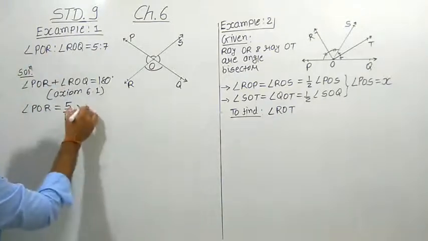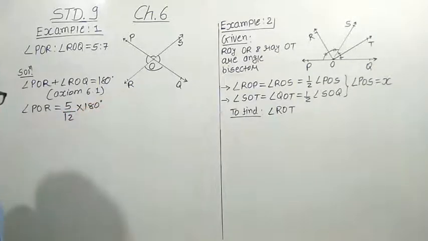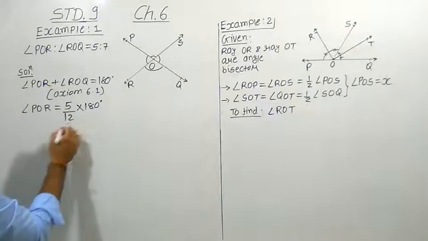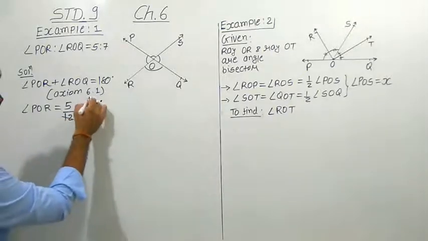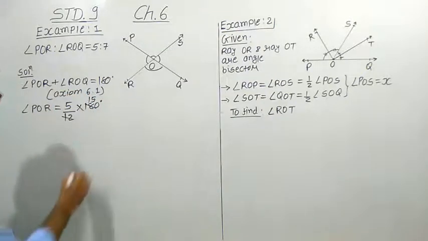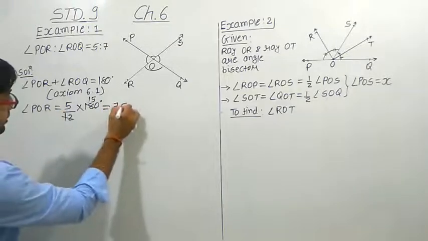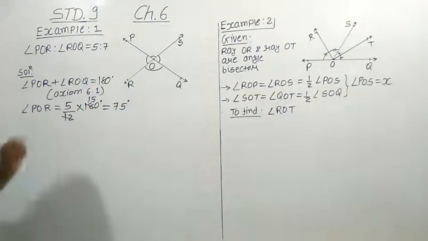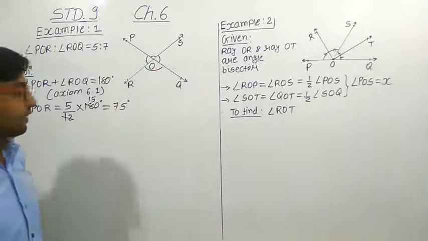And the total angle here is 180 degrees. When we cut this by 12, 15 fives are 75 degrees. So this is the angle POR we get here, that is equal to 75 degrees.